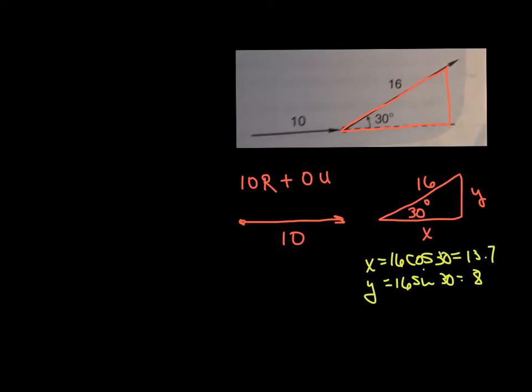So then I can write, and I'll do this in red, my rectangular form of this as 13.7r plus 8u. Now notice they're both positive because my x is going in this direction on both of them. My y is going this way, and I have no y in this one. So there's my two forms.